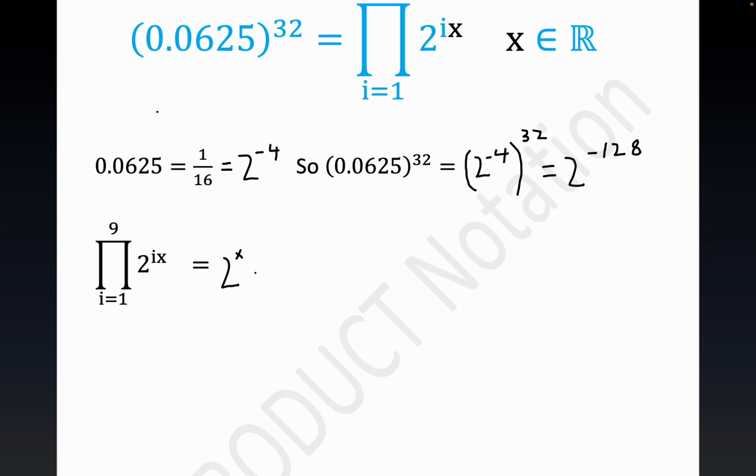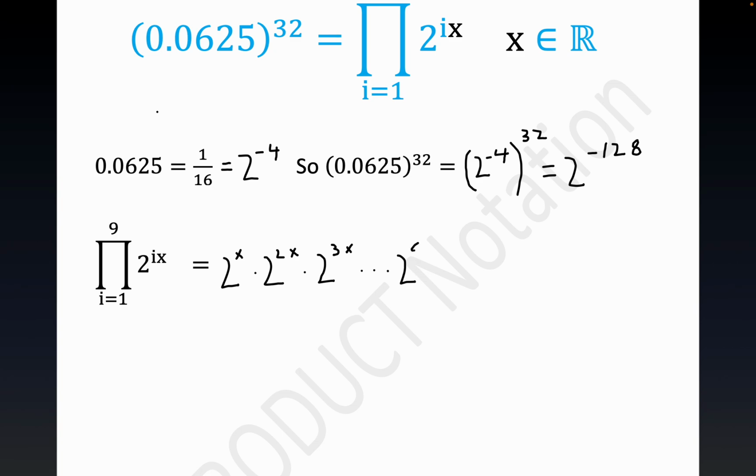Now, next to it, you would have 2 to the 2x, that's for i equals 2. Okay, and we'll just do one more here. The next one for i equals 3 would be 2 raised to the 3x power, and we are trying to find x here. Okay, and let's go ahead and put the customary ellipsis here, dot, dot, dot. And the very last one in the series would be 2 to the 9x.